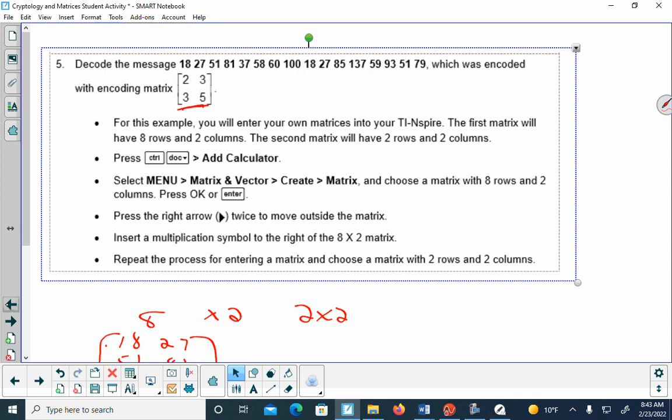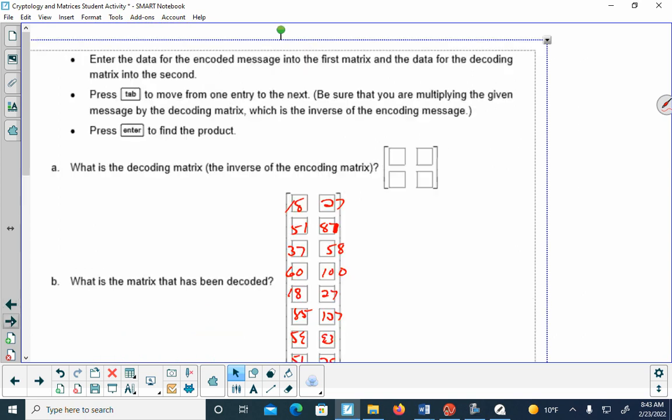I'm going to go back here, and this is the matrix that they used to code it. Why can I not find it? They used 2, 3, 3, 5. Now I'm going to find the inverse of that matrix.